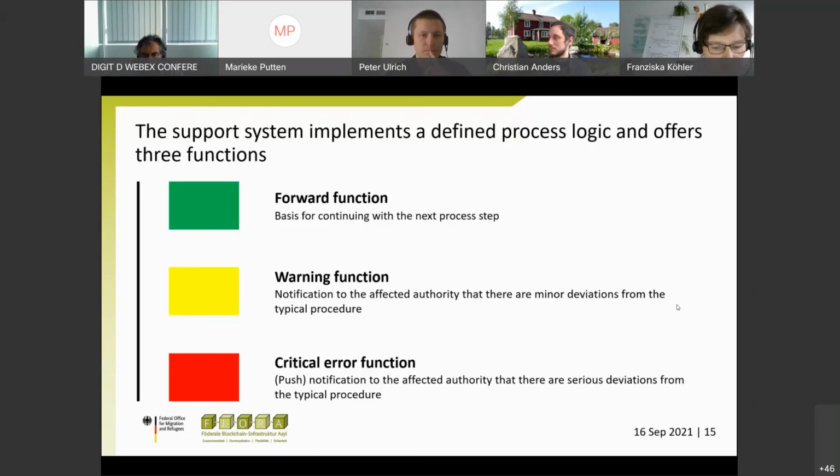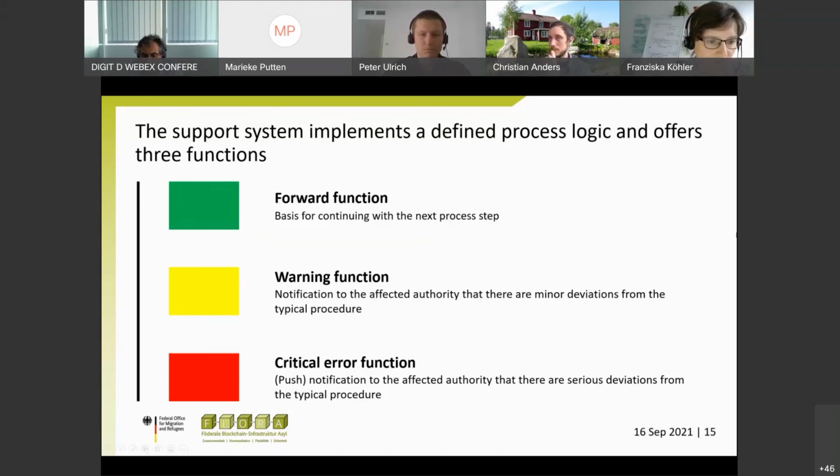Yellow means attention, something seems to go wrong, please check it again. Red means a critical dissent, maybe even danger for health or for life. And in this case, the officials should very quickly and carefully check the situation. However, the application will only support and recommend. Only the officials make the decisions.